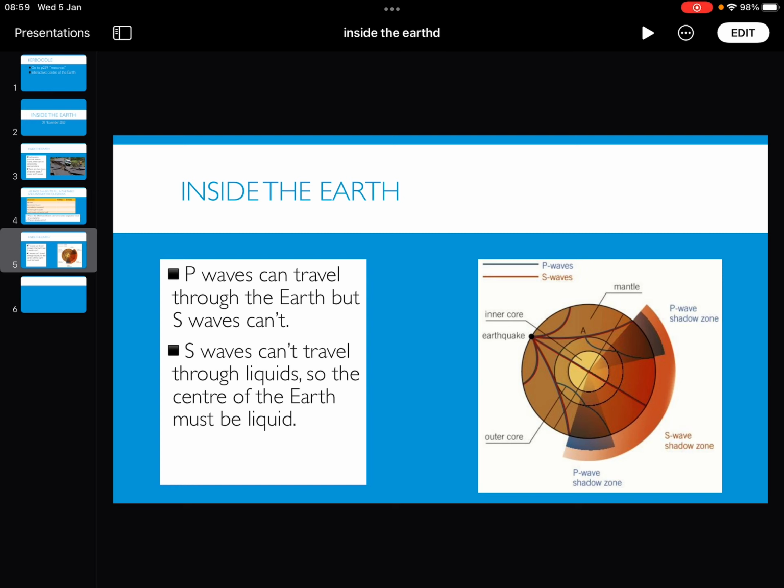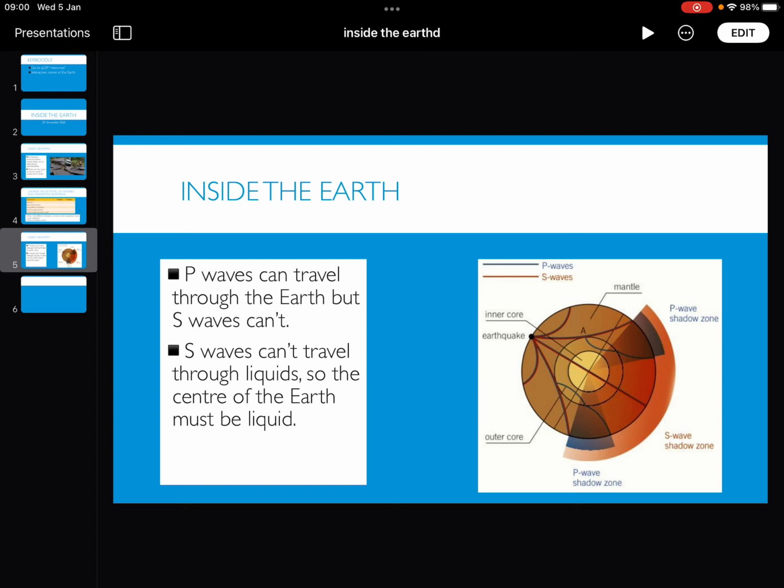So there are shadow zones for P waves, but S waves have a much larger shadow zone, and that is because we know that the centre of the Earth is liquid, and S waves, being transverse, cannot travel through a liquid, which means they cannot get through that centre of the Earth.